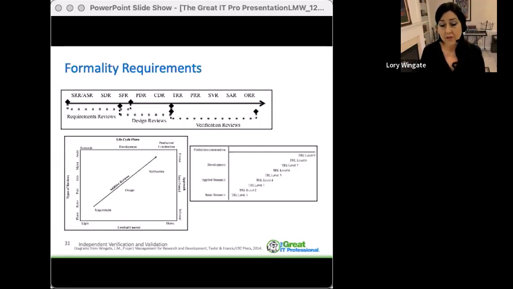The types of reviews and tempo of reviews typically track from the formality requirements and also are driven by the lifecycle phase, the approach, and the level of control desired. So generally, if formal reviews are required, that speaks to a level of rigor that's expected for successful project execution, and following standard processes for the reviews is therefore warranted.